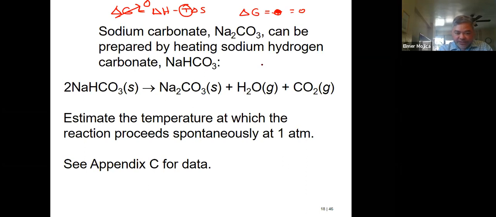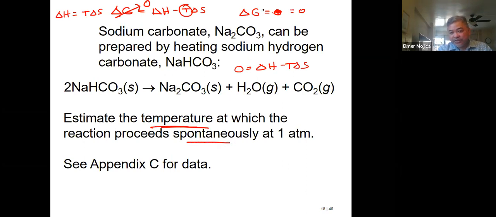So if you have delta H minus T delta S equals 0, you can rearrange them. You can have delta H equals temperature times delta S. So the one being asked here is, what's the temperature for the reaction to proceed spontaneously?